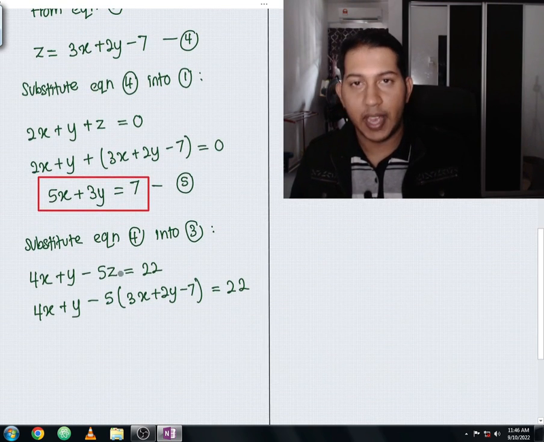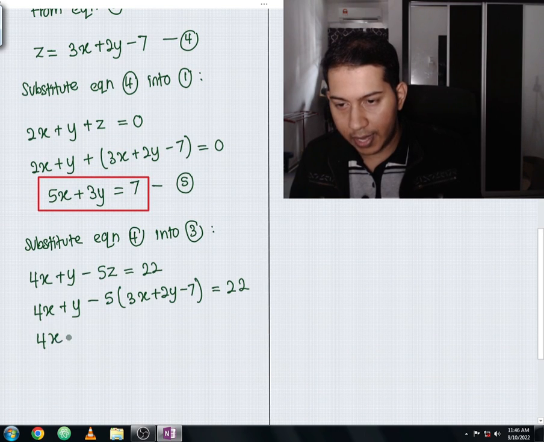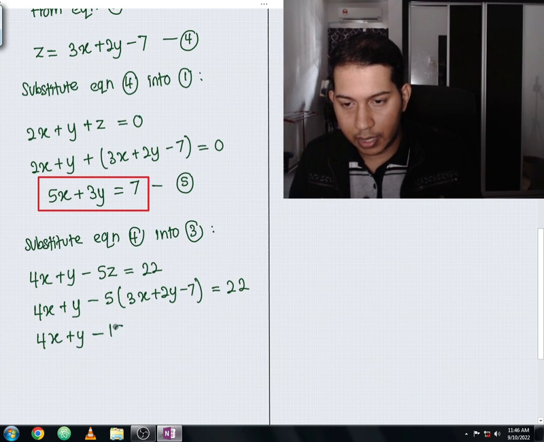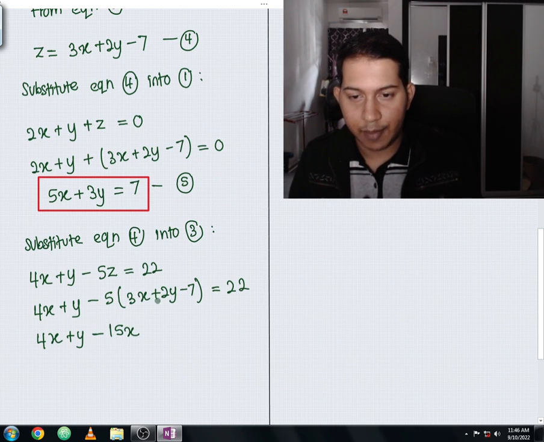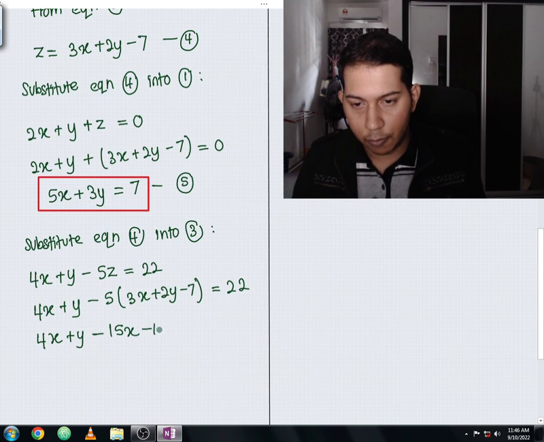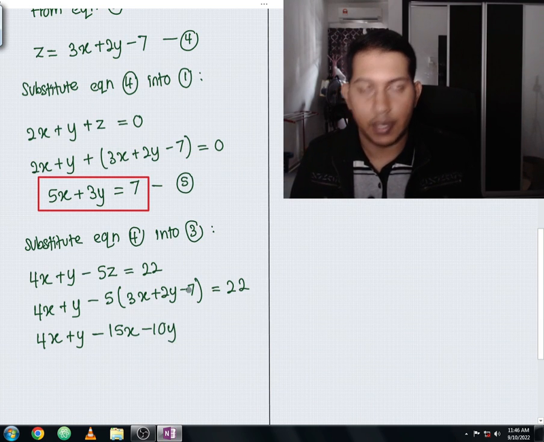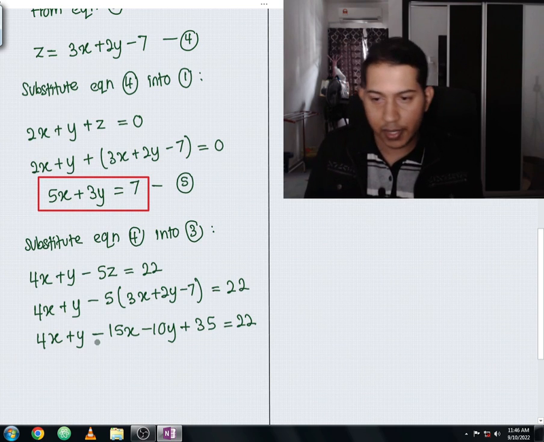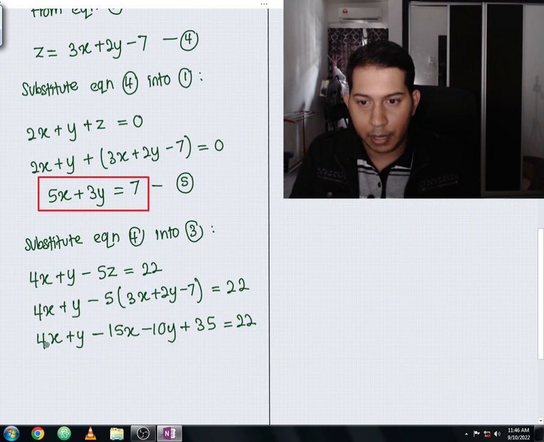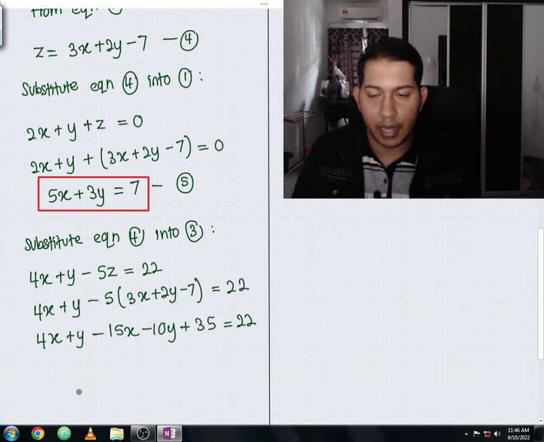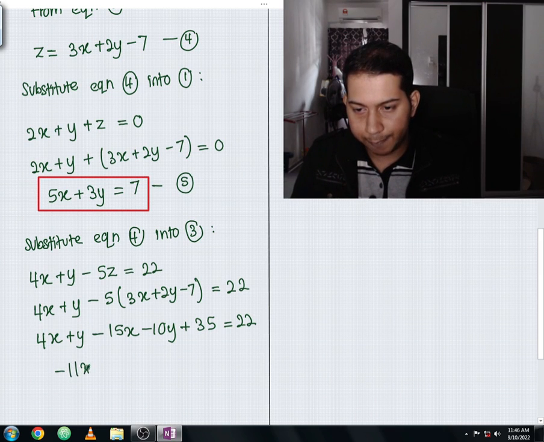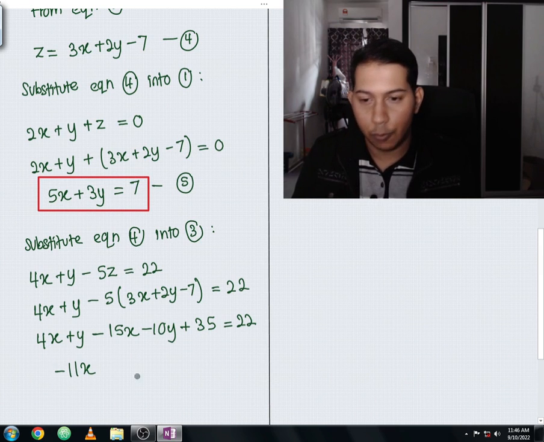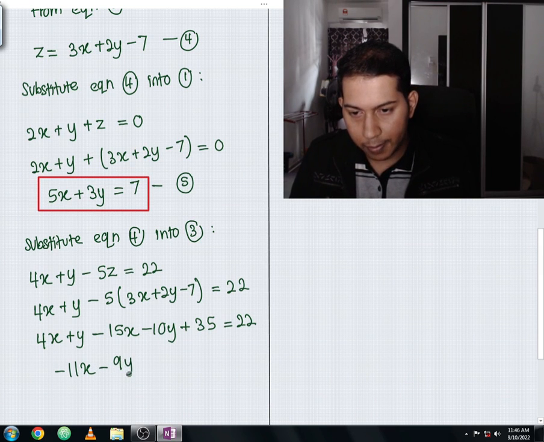So you perform the expansion. From here, 4x plus y minus, okay, negative 5 times 3, you get 15x, negative 5 times 2y, you get negative 10y, negative 5 times negative 7, you get positive 35, equals 22. Let us solve this. Start with the variable x. 4x minus 15x, negative 11x. y minus 10y, negative 9y.